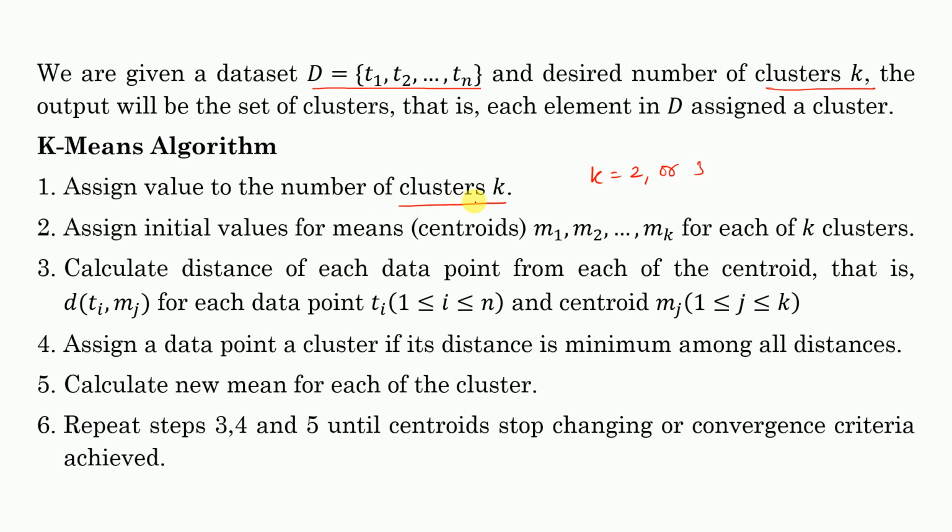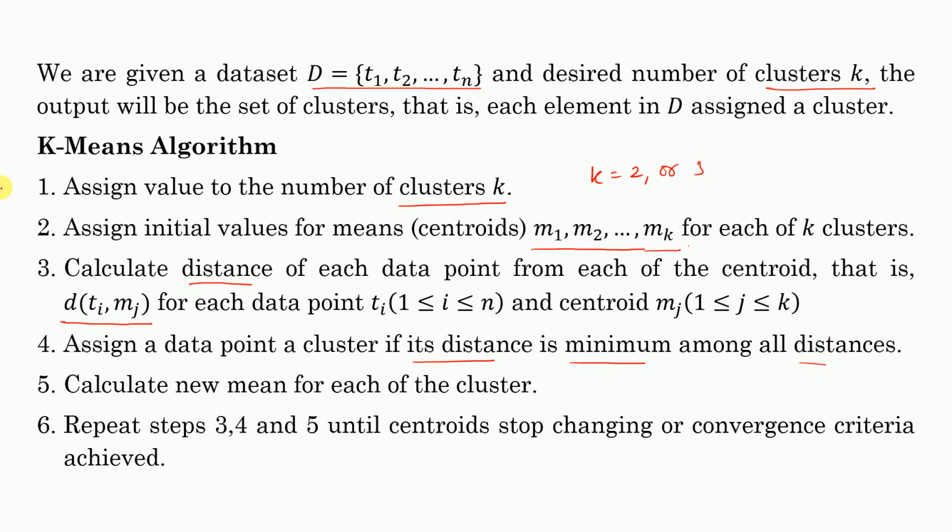After assigning k, assign initial values to the centroids, that is m1, m2, up to mk. You can assign any values to m1, m2, mk. After doing this, as I told you, calculate the distance of each data point from each of the centroids, denoted by d(ti, mj). Now assign a data point to a cluster if its distance is minimum among all these distances.